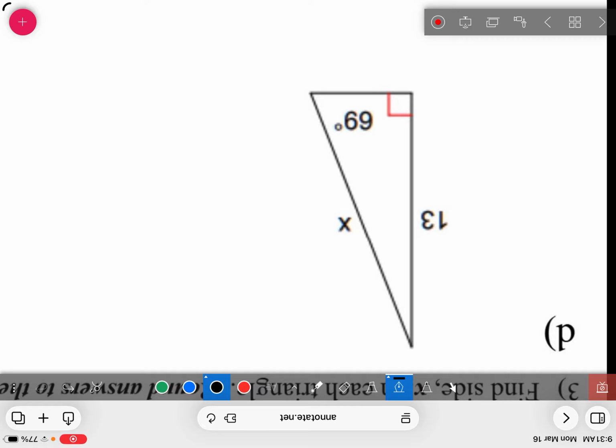You write something. Sine, cosine, tangent. Put it. Right away.